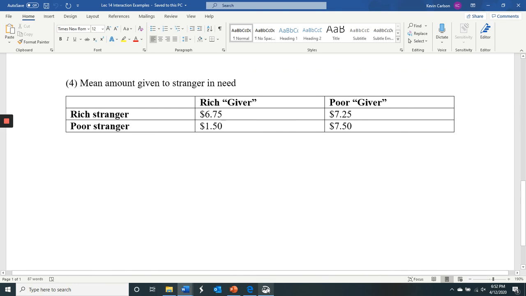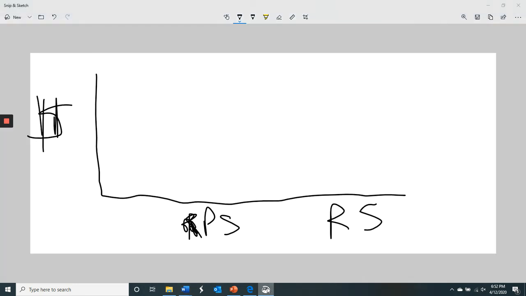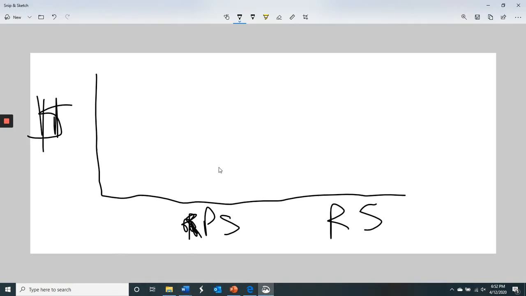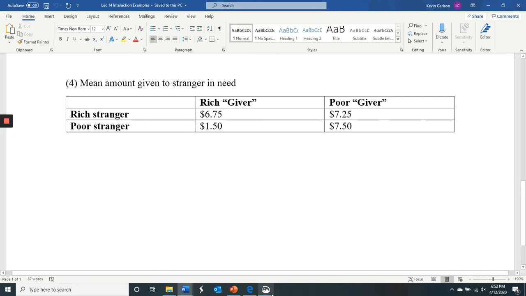Let's look at the rich giver. The poor stranger gets 1.50 on average, and the rich stranger gets 6.75. I'm going to put it roughly here. This is the rich giver, correct? Yep.